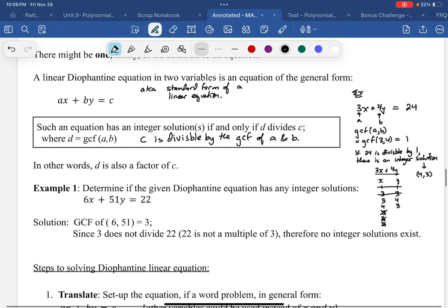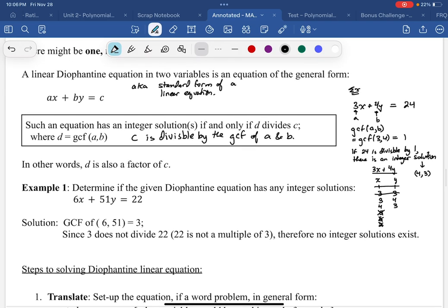There is value in that. Now, one other thing: this tells us that there is a guaranteed solution here. An equation has an integer solution or solutions if and only if D divides C. I'm looking for a second solution, but maybe there isn't one to be had.